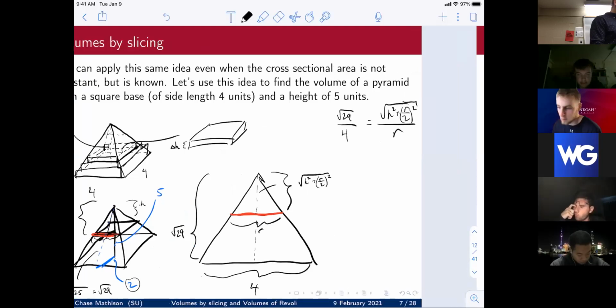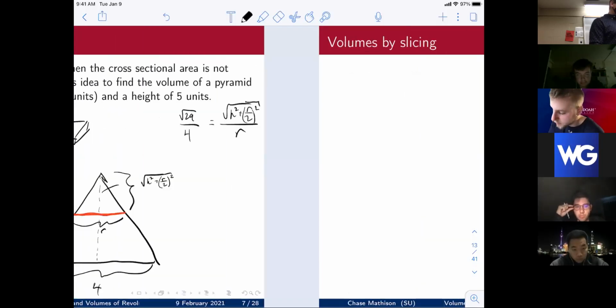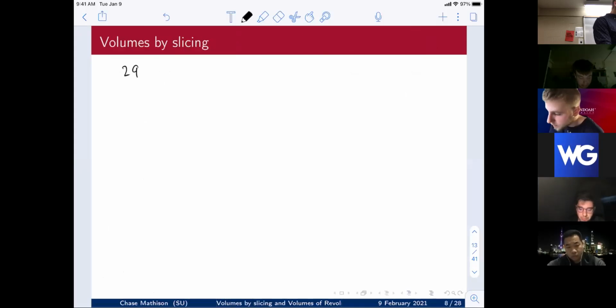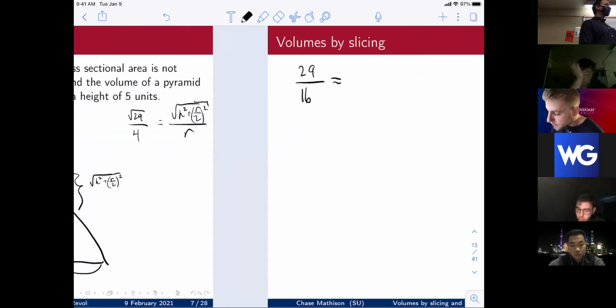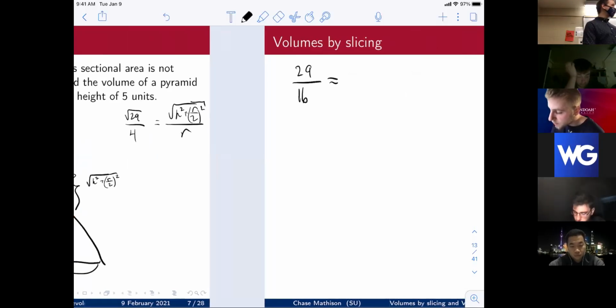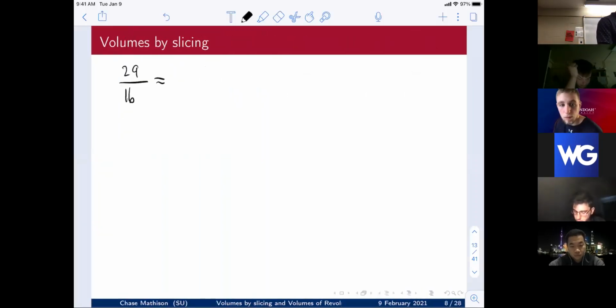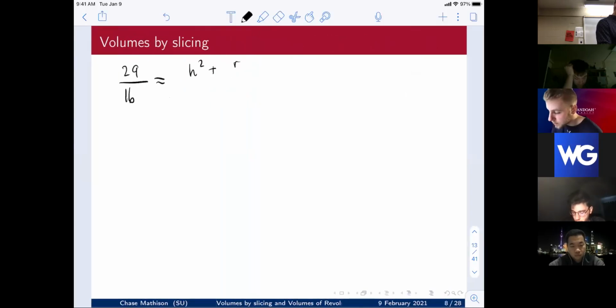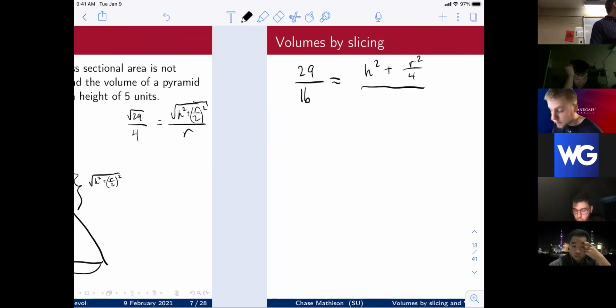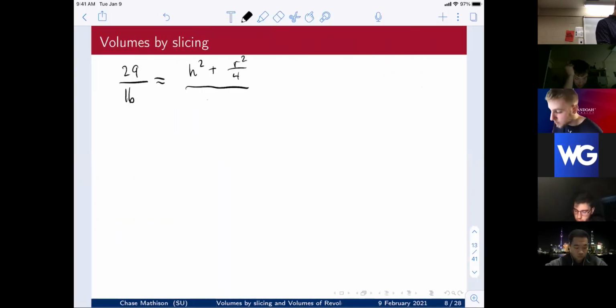When I square the left-hand side, the square root of 29 squared is 29, and 4 squared is 16. When I square the right-hand side, when I square a square root, I get the thing under the square root. So I'm going to get h squared plus r over 2 squared, which I'll write as r squared over 4. And then when I square the bottom, r squared is just r squared.